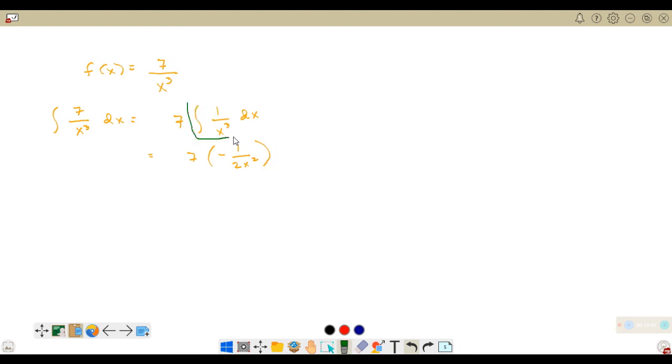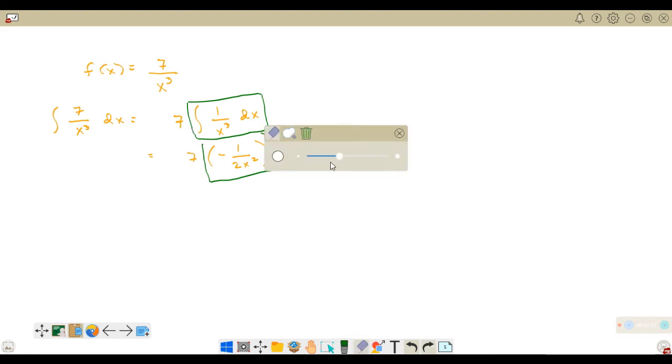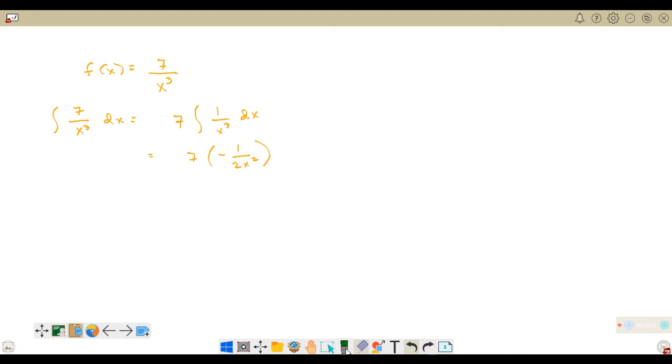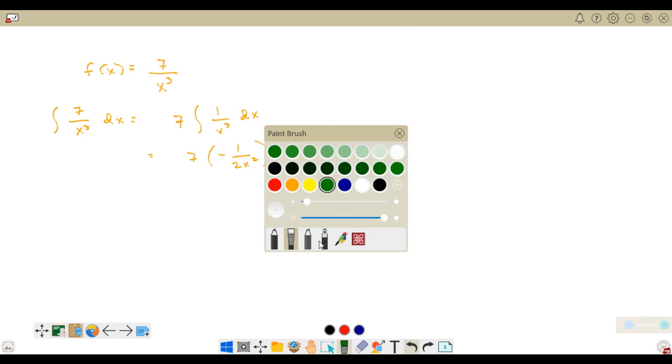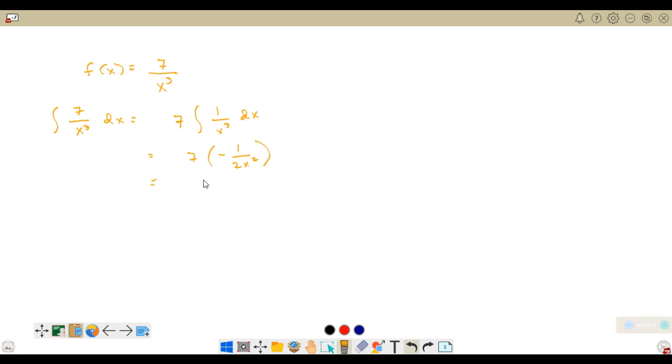So, ito yon. Ito at ito ay parehas. Okay? Continue tayo. Simplify lang natin siya. So, we have negative 7 over 2x squared.